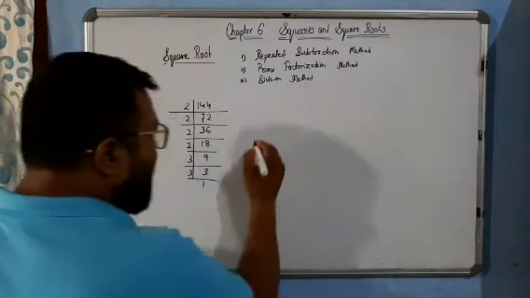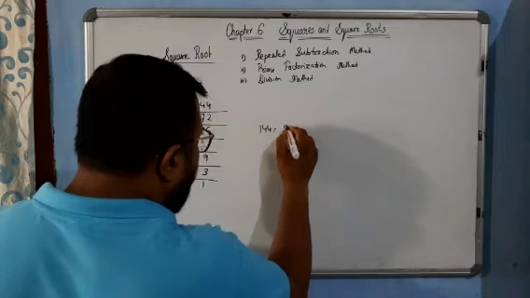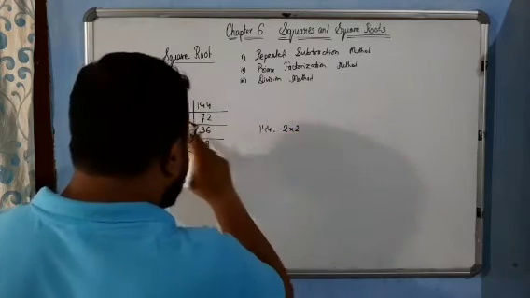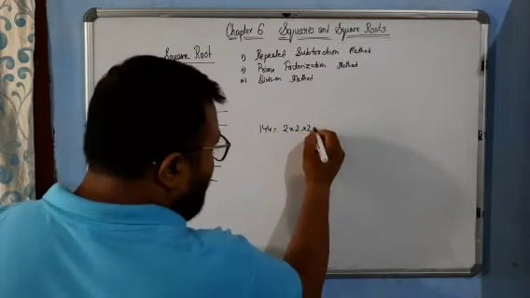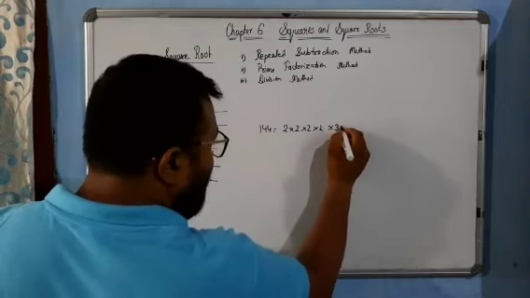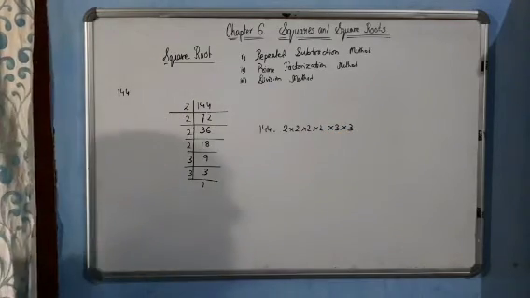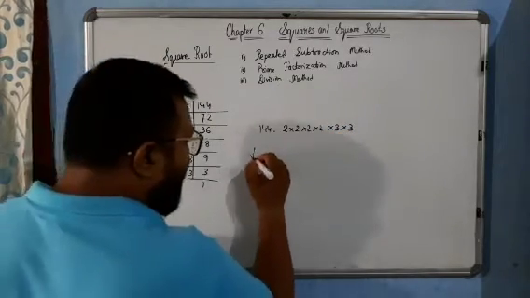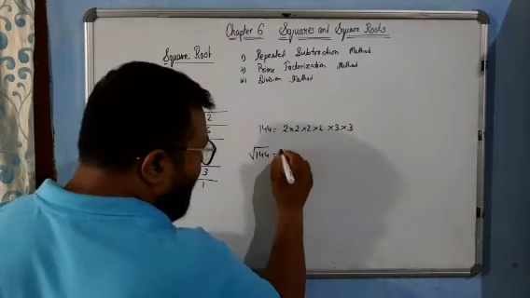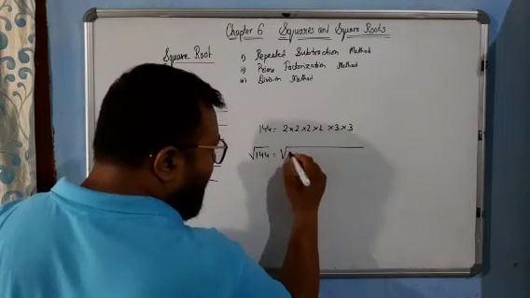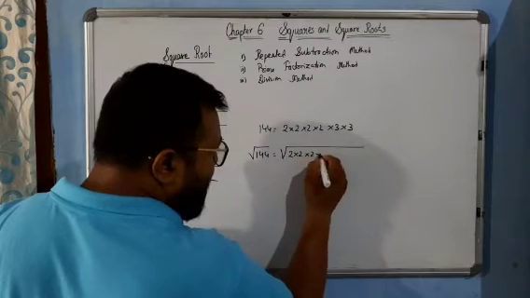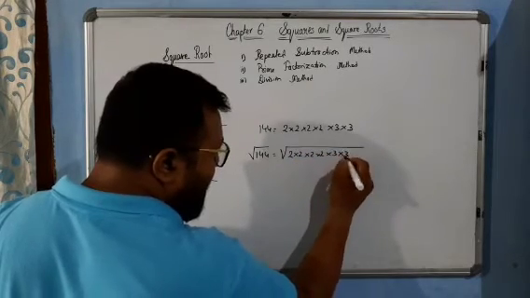So we can see very clearly that 144 is 2 into 2 into 2 into 2 into 3 into 3.